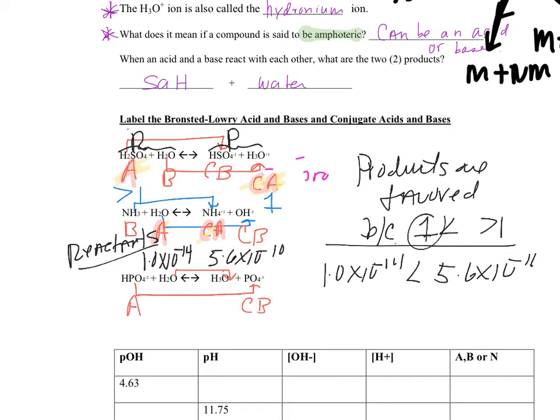Therefore, leaving water to be the base, and we can see that it's accepted a hydrogen to become hydronium ion, the conjugate acid. Highlighting my acids, that's HPO4 2- and H3O+.